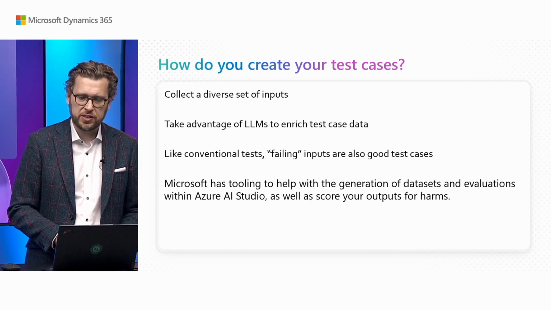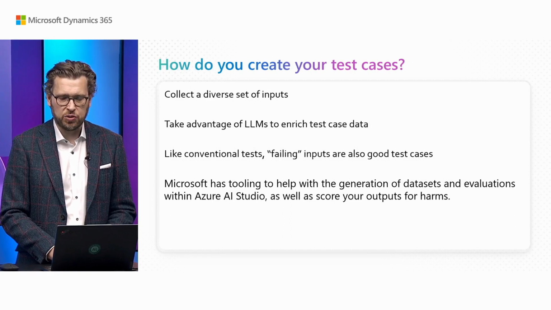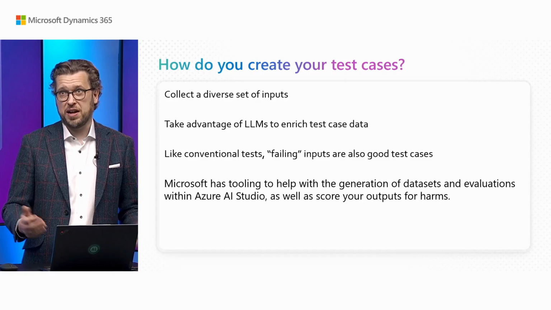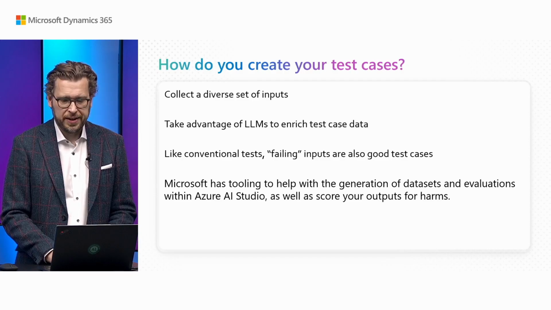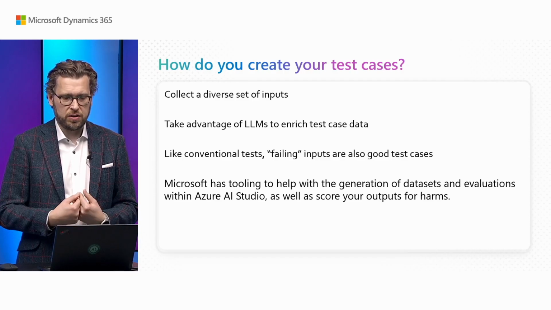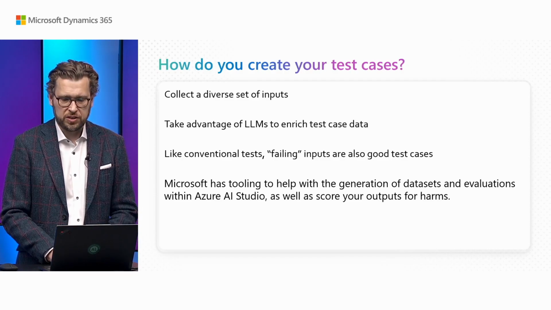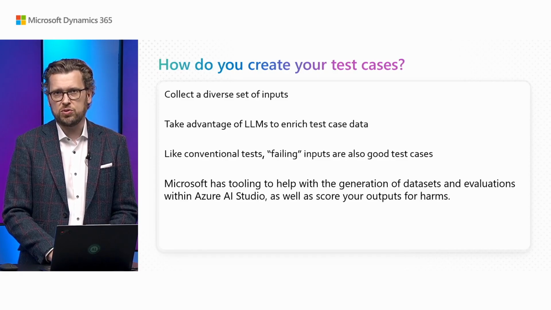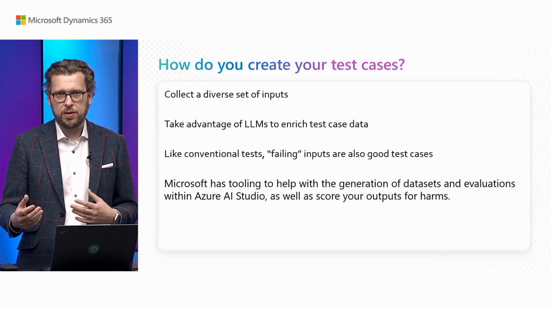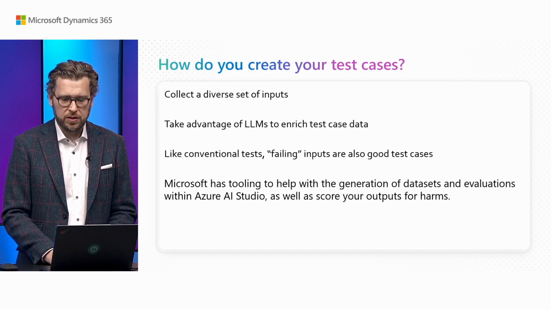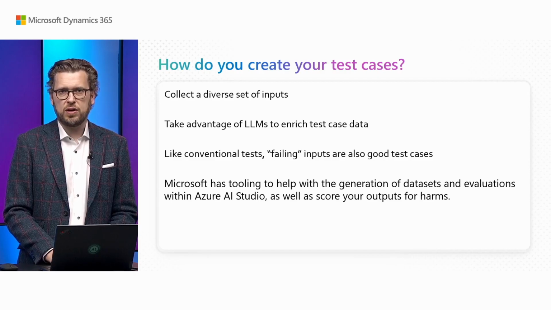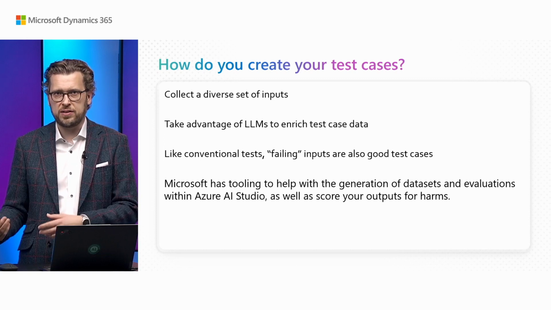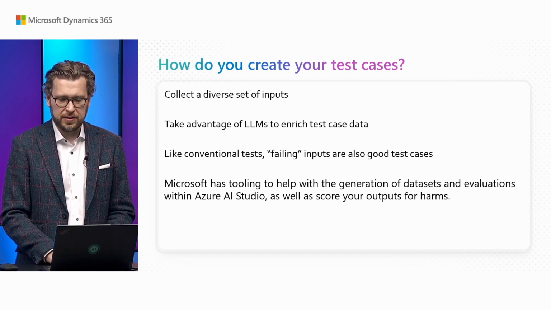Now, one of the first obvious challenges that needs to be addressed here is how do you create all of your test cases? That is really an art that you need to learn, right? But when you want to work on determining the feature accuracy, you want to collect as diverse a set of inputs as possible. So try to have people come up with different user prompts, because using different people can also make sure that you reduce the bias of certain people in the data set itself, right?